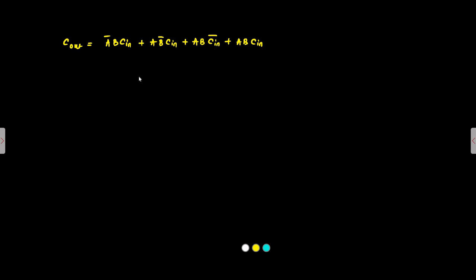Then we have another form, which is C out equal to AB or BC or AC, and we have another form which is equal to AB or A XOR B into C. These three forms of carry output for full adder are there.